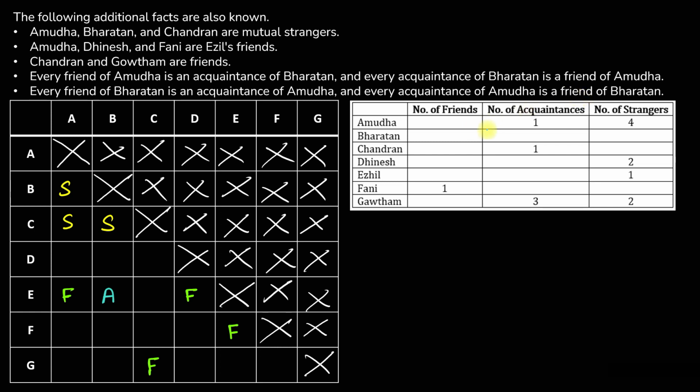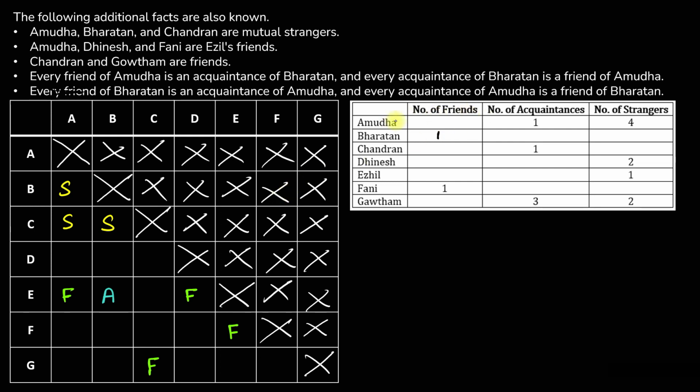So what we have is, for A, the number of acquaintances is 1. It means for B, the number of friends will be 1 based on this particular point. Every friend of B is an acquaintance of A and every acquaintance of A is a friend of B. So if there is one acquaintance of A, there must be exactly one friend of B.